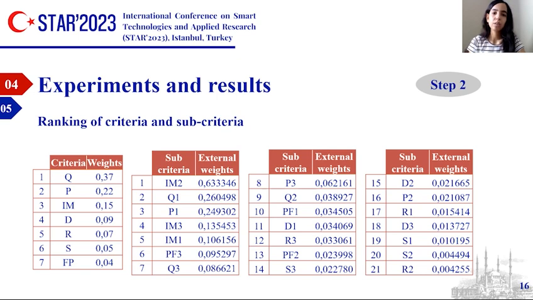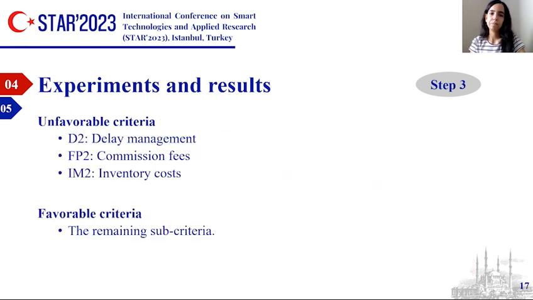So once we confirm the results, we rank the criteria and sub-criteria based on their weights, which led us to the following results. In the final phase of our methodology, the first step is to categorize the criteria into 2 groups.